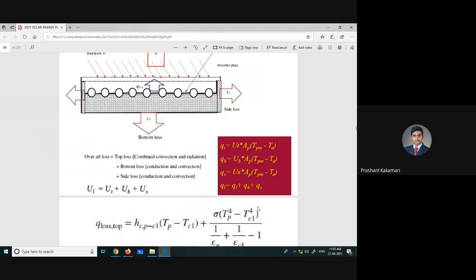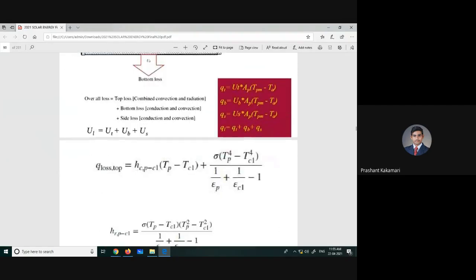So these losses, as I told, convection, radiation, all the processes, you can remember from the heat transfer subject. That is the convection heat loss from the top, taking place between the plate and collector. If it is a convection process, we can use the convective heat transfer and the temperature difference.